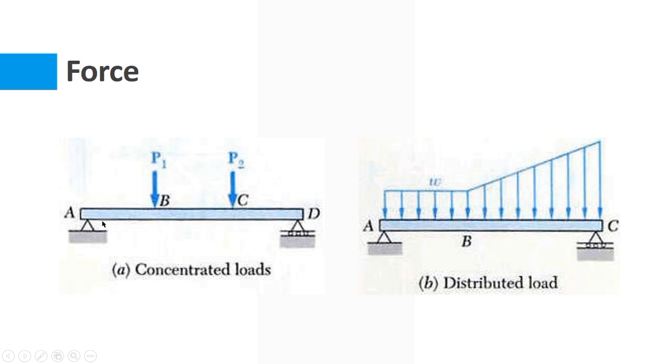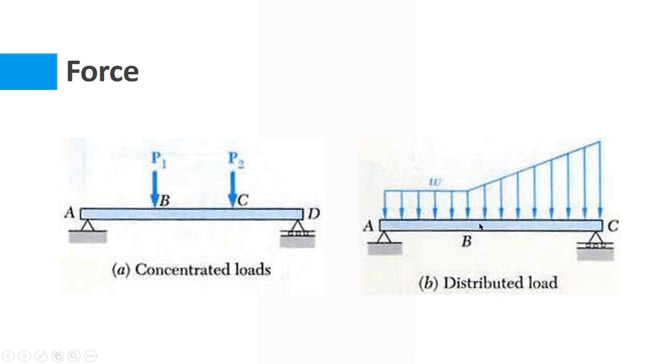We will discuss the support conditions in detail in the coming lectures, but this is a hinge support, this is a roller support, and the beam is actually supported on these two supports, A and D. And let's say there are two persons, P1 and P2, who are standing at position B and position C. Now the load or the force or the weight of person 1 and person 2 can be considered as a point force acting on the point B and on the point C, and they are known as point loads, point forces, or concentrated loads.